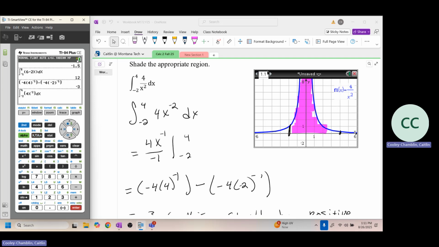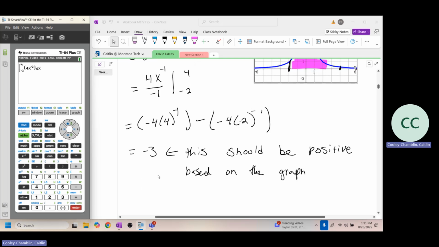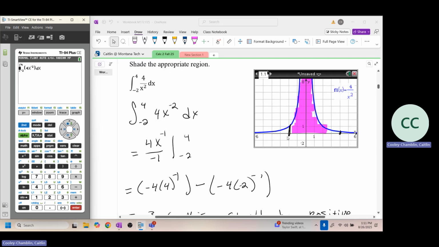My calculator freezes, it's not liking this, and this is what yours should have done earlier. It says tolerance not met, so it's not giving me an answer. We're getting contradictory answers when we calculate this. What in the world?